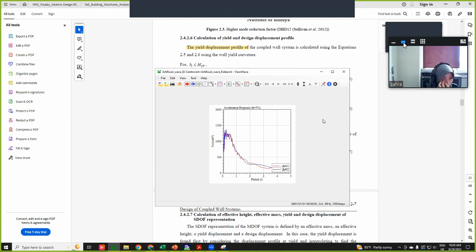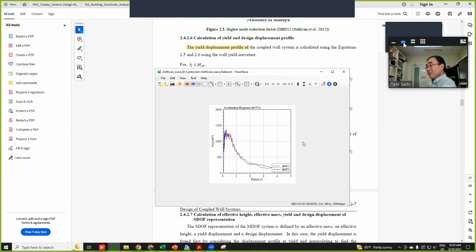But why, when we run time history analysis, is the result different, Sensei? Yeah, this is very important. So if we do displacement-based design, we design the building based on response spectrum.